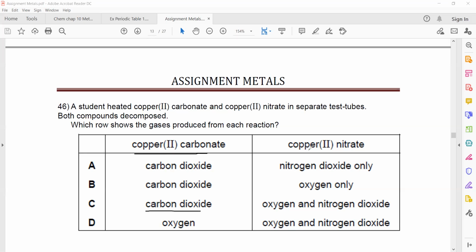So carbon dioxide is a gas. Copper 2 nitrate decomposes into copper oxide plus nitrogen dioxide plus oxygen. So C is the right answer.